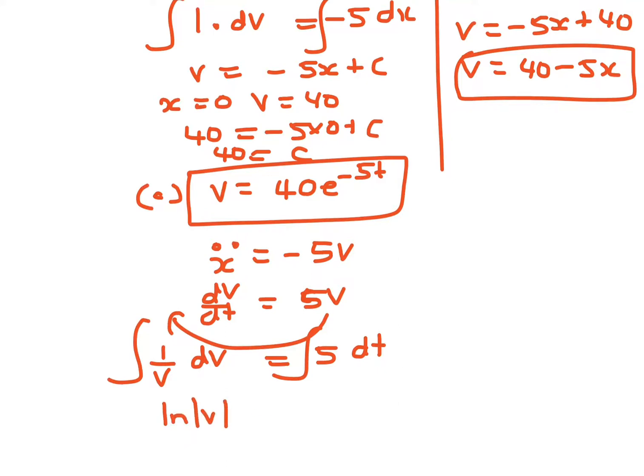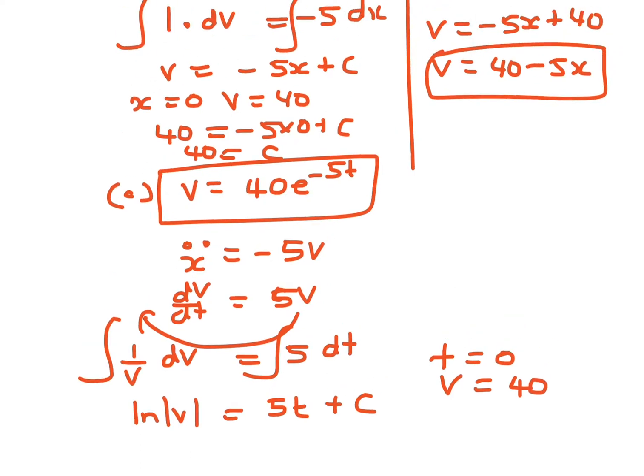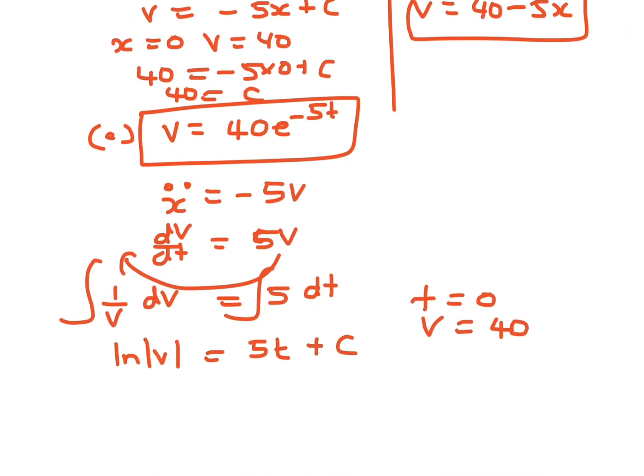So that will be ln of v equals minus 5t plus c. When time equals 0, v is equal to 40, so ln 40 equals minus 5 times 0 plus c, which means c equals ln 40.